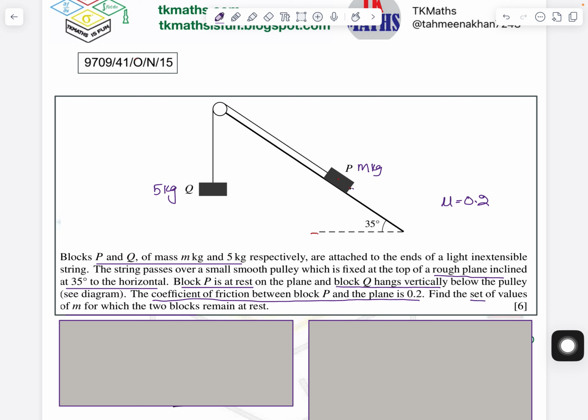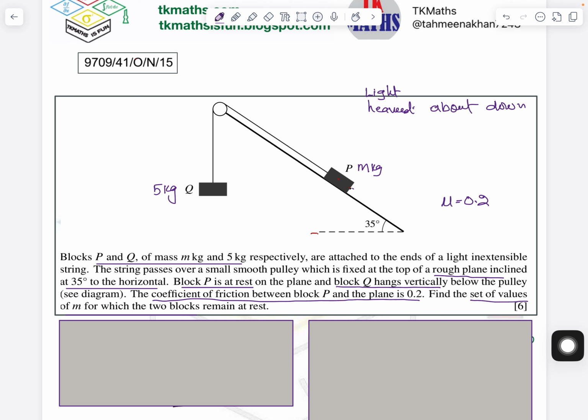First of all, think about what this means. There are two possibilities in which the block will remain at rest. What is the lightest weight so that it doesn't go up? And what is the heaviest weight so that it doesn't slide down? When it is very heavy, I can say it is about to slide down.